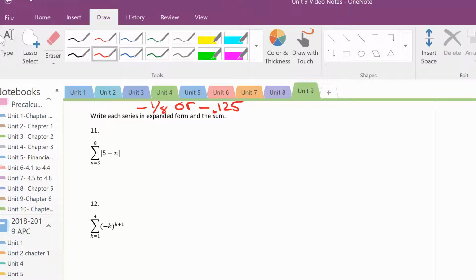All right, the next thing is summation notation. The number at the bottom tells you the first number to put in. The number at the top tells you the last number to put in.